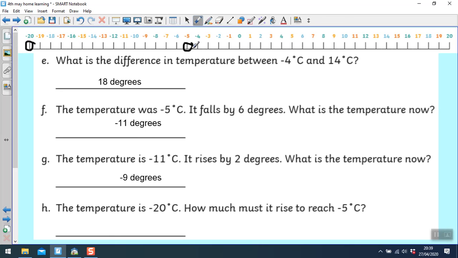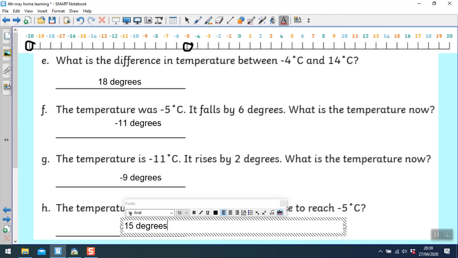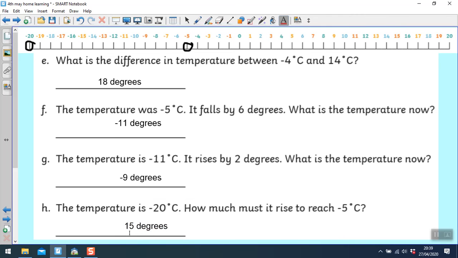Well, I know the difference between 5 and 20 is 15. It's going to be exactly the same. It must rise 15 degrees to get to negative 5. It's not going to rise negative 15 because you're adding on here. Negative 20 add 15 will get you negative 5. So 15 degrees is the answer.